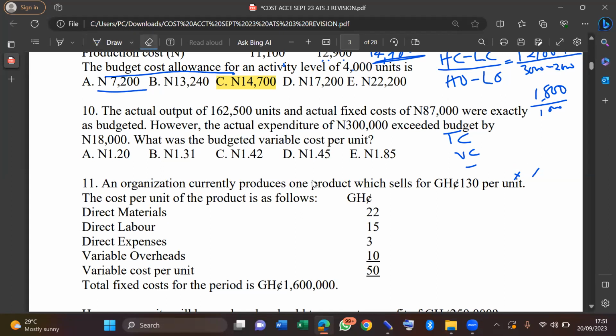Oh, this will not go. Our actual output of 162,500 units and actual cost of 87,000 were exactly as budgeted. However, the actual expenditure of 300,000 exceeded the budget by 18,000 naira. What was the budget of the cost?